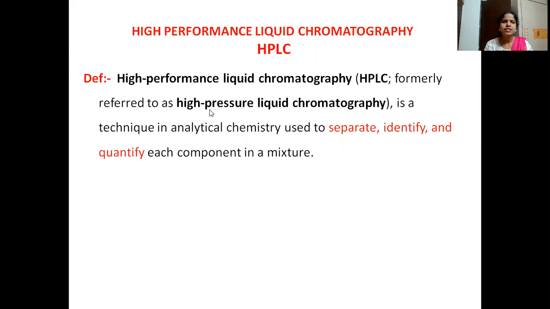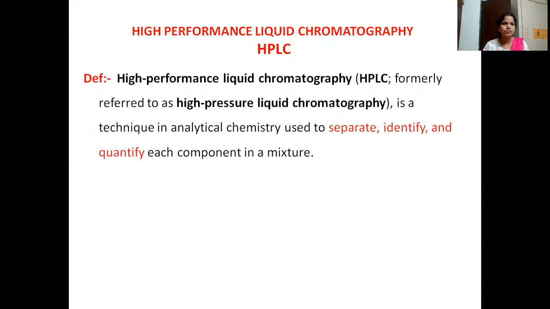It is similar to column chromatography, but in column chromatography the separation takes place only because of gravity, that is, the mobile phase travels down because of gravity, whereas in HPLC we apply pressure to it. That's why it is named high pressure liquid chromatography.